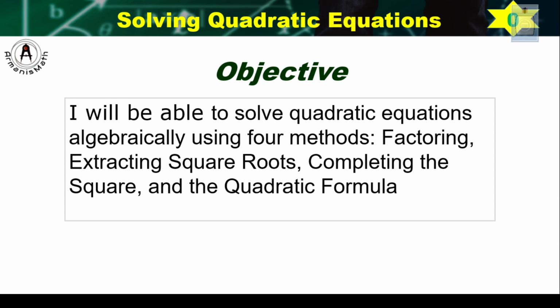So when you're reading this, if you're in the chat or in the comments, make sure that you pick a word from the objective and put it there. Four different ways to solve quadratic equations, one of which is factoring, extracting the square root, or sometimes just named square root, completing the square, and then quadratic formula.